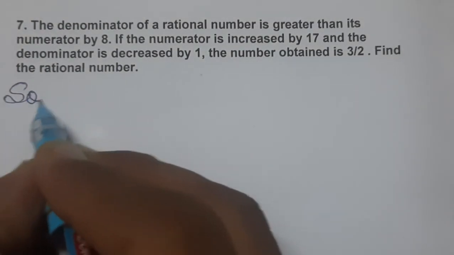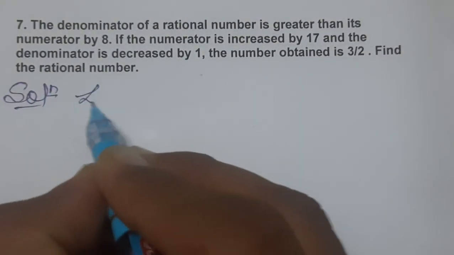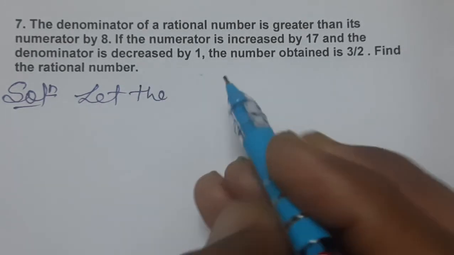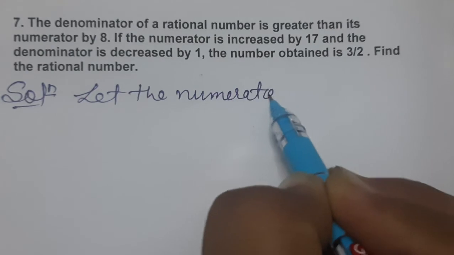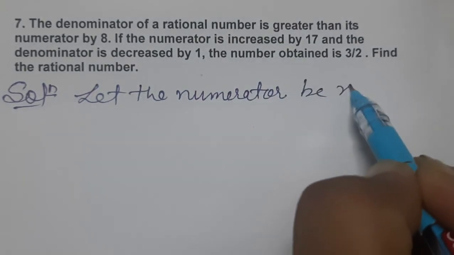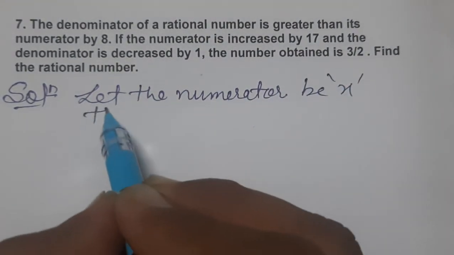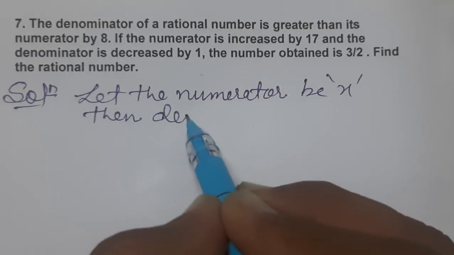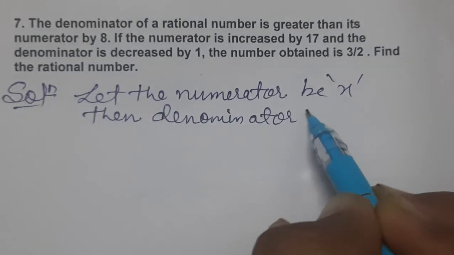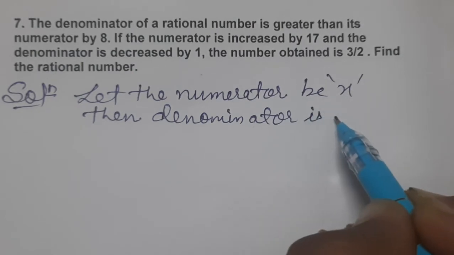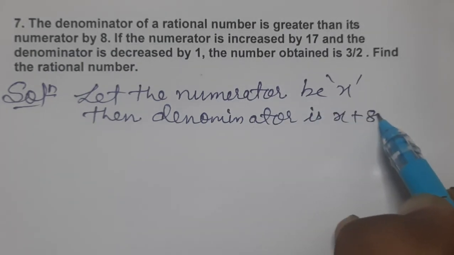Solution. Let the numerator be x. We assumed as x. Then, what is denominator, children? The denominator is 8 greater, x plus 8.